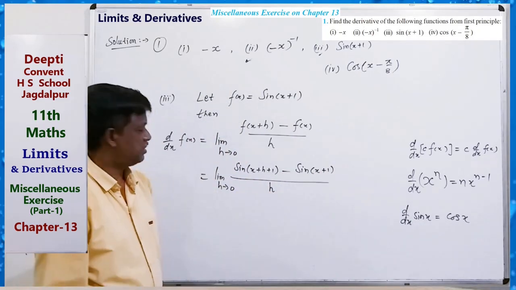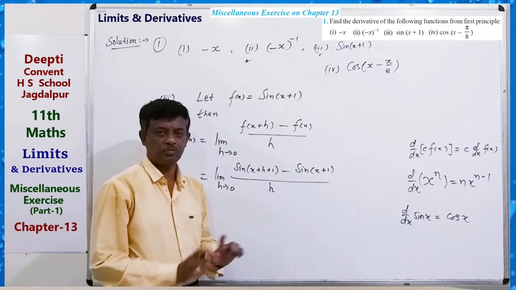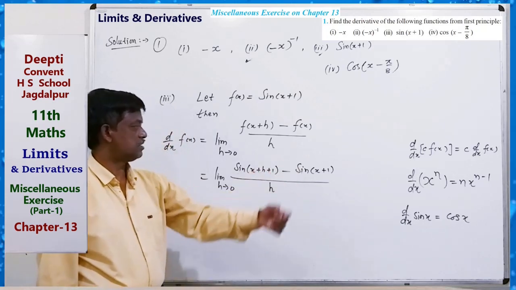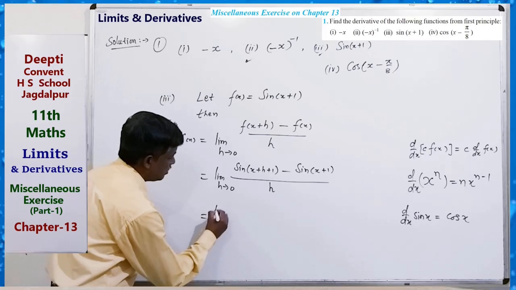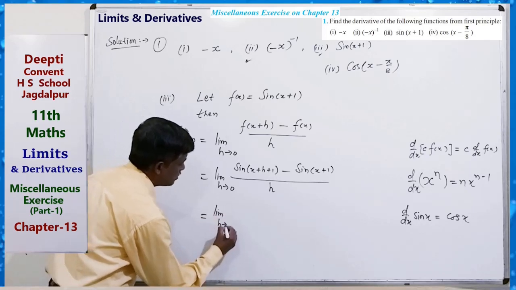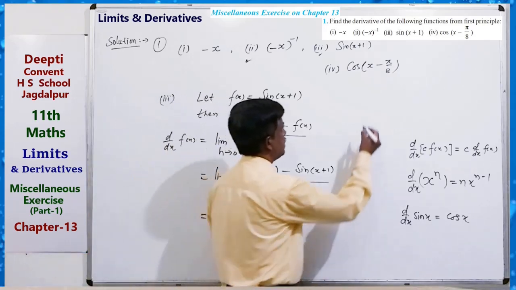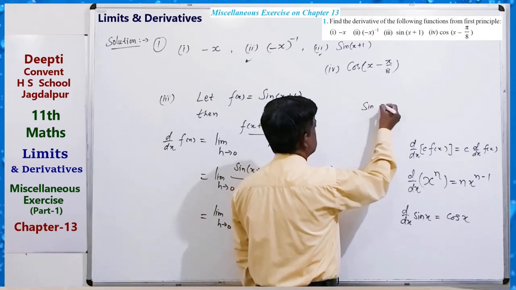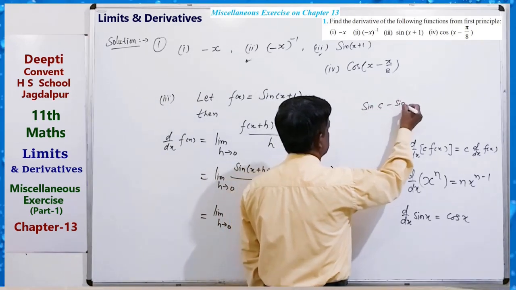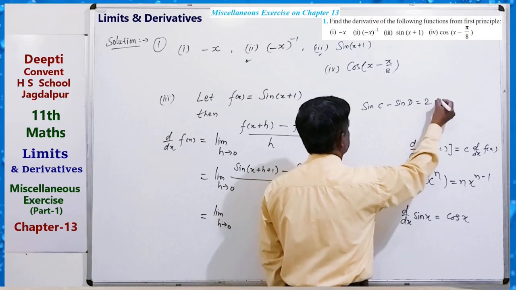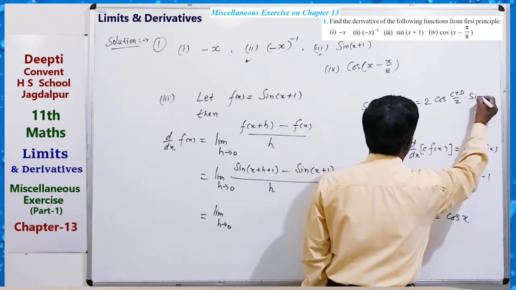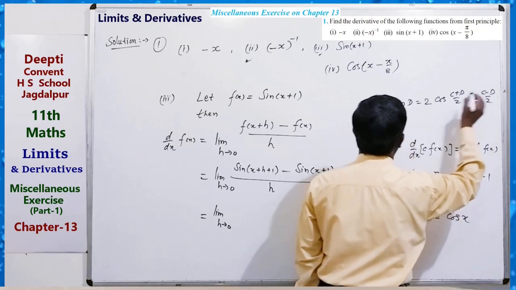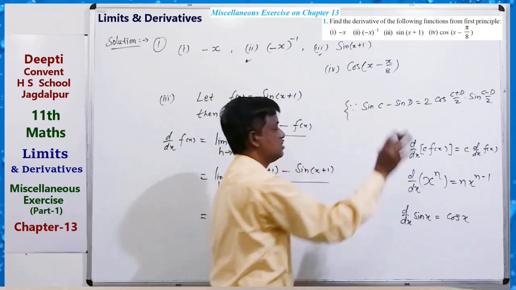Now for finding the limit, we cannot put h equal to 0 here, so the sin C minus sin D formula can be used. Limit h tending to 0. We know sin C minus sin D equals what? 2 cos((C + D)/2) sin((C - D)/2).